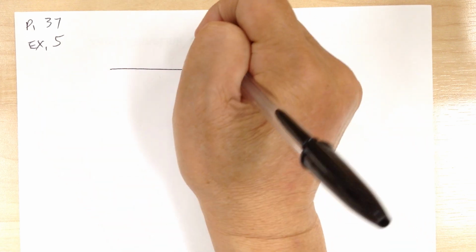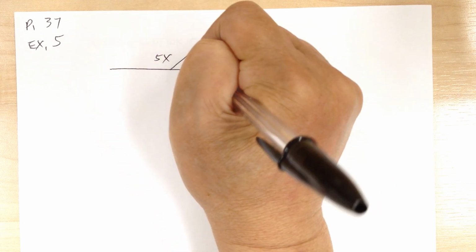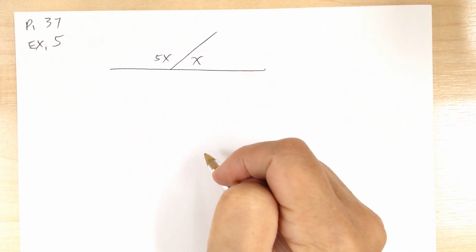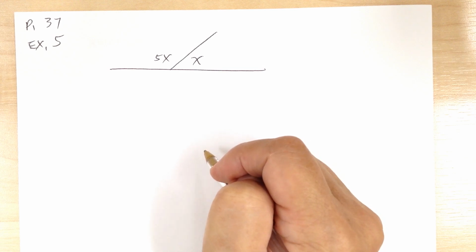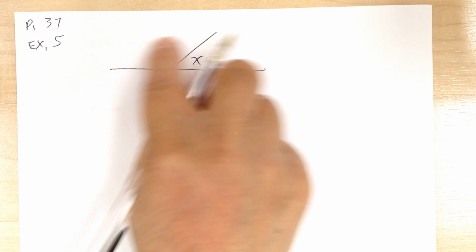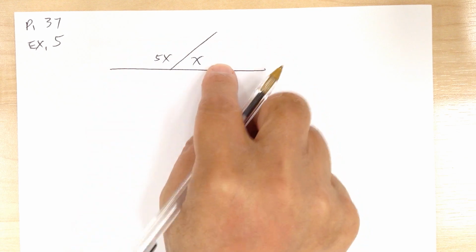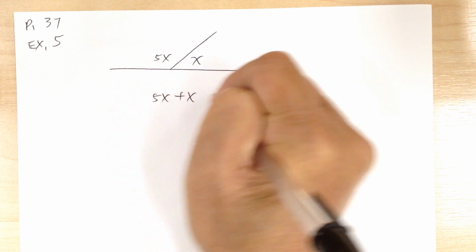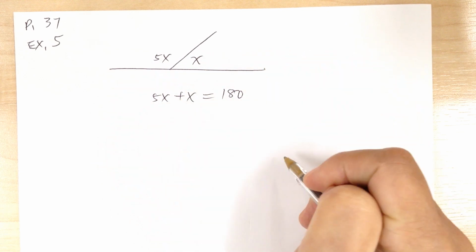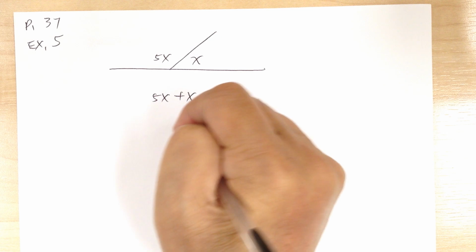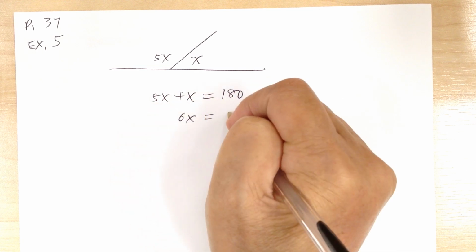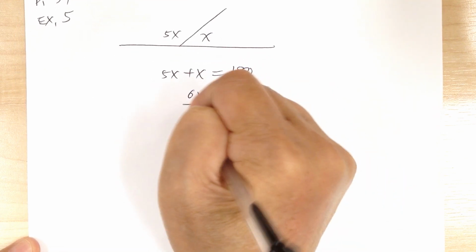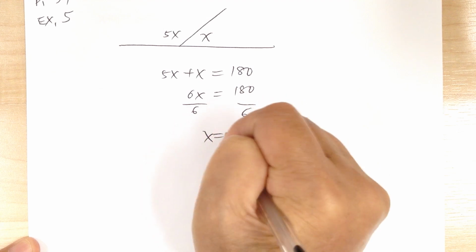So this is the picture you have, and it tells you it's a linear pair, and this is 5x, and this is x. You want to find the measure of each angle. Well, you know that this forms a linear pair, so this is equal to 180, right? So 5x plus x equals 180 degrees. Combine the like terms, so 6x equals 180, divided by 6, so x equals 30.